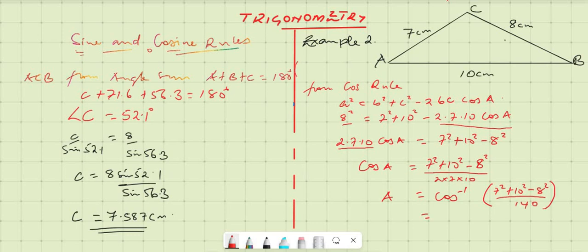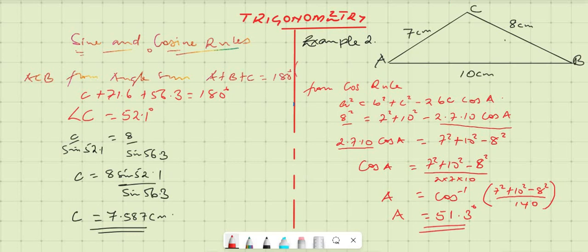The answer we expect you to get will be 1.3 degrees. Please make sure you check and confirm if that is what you actually got.